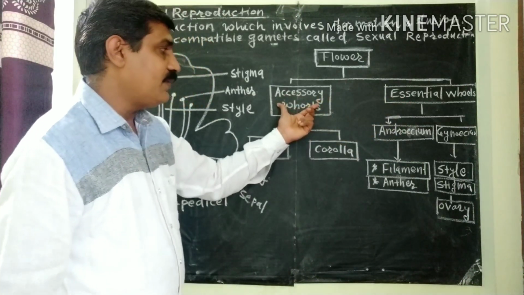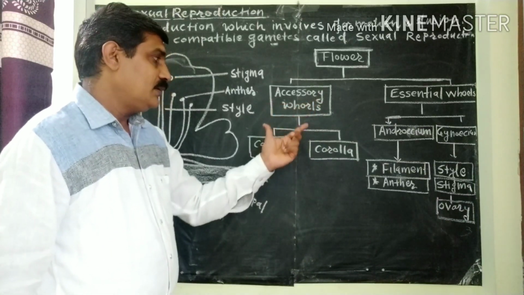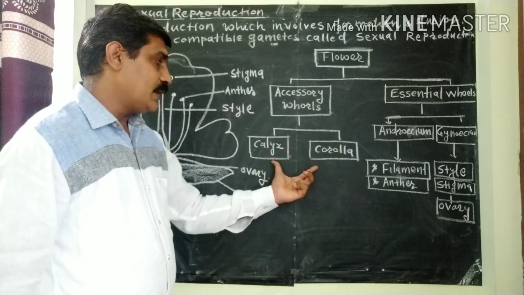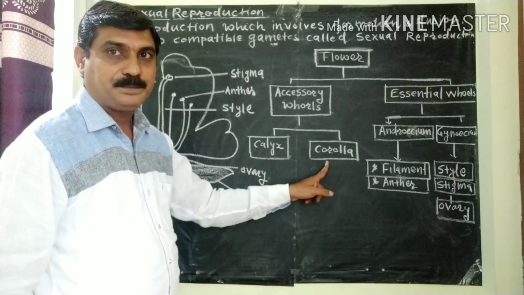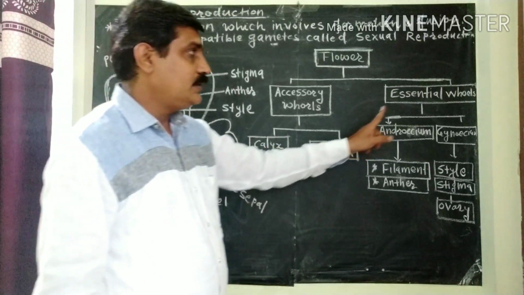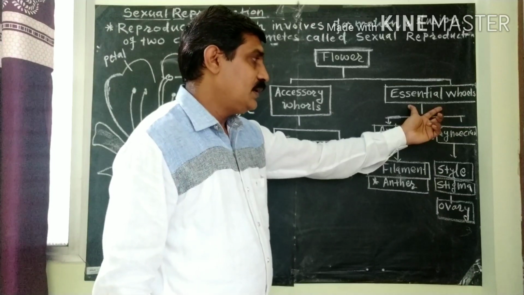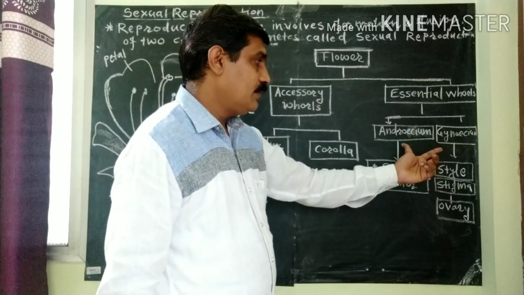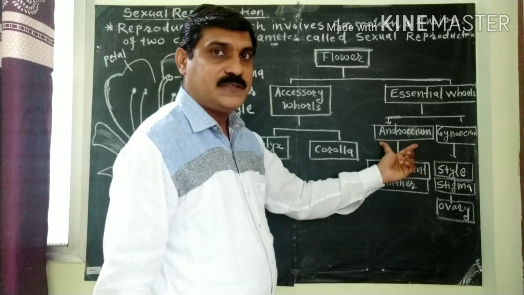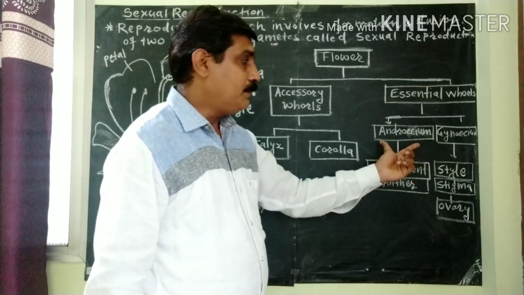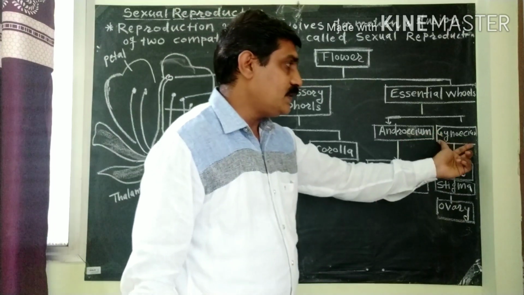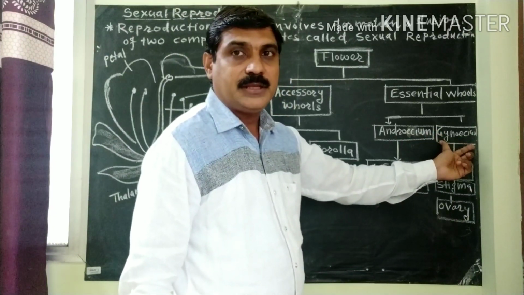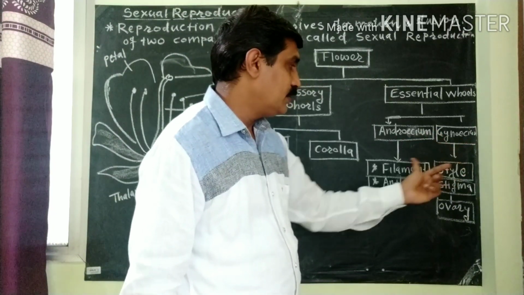In the accessory whorl, there are two whorls, that is calyx and corolla. In the essential whorl, there are two whorls, that is androecium, known as the male reproductive part of the flower, and gynoecium, the female reproductive part of the flower.